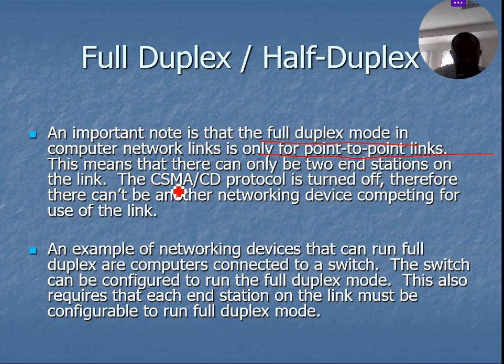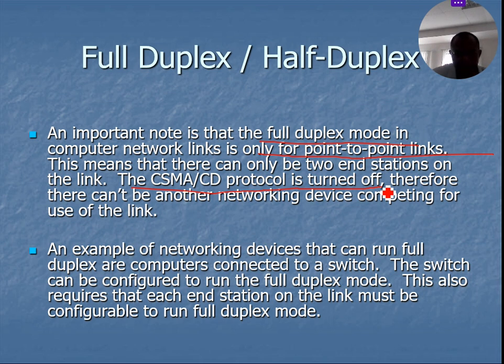If you don't turn it off, other devices on the network will compete for the same thing. Once you turn it off, only those whose link is established will be using this link at this point in time.